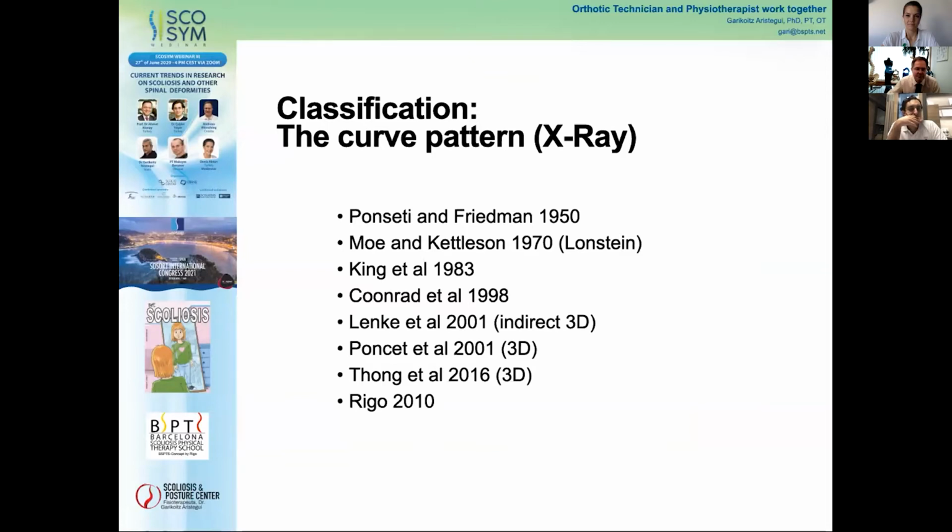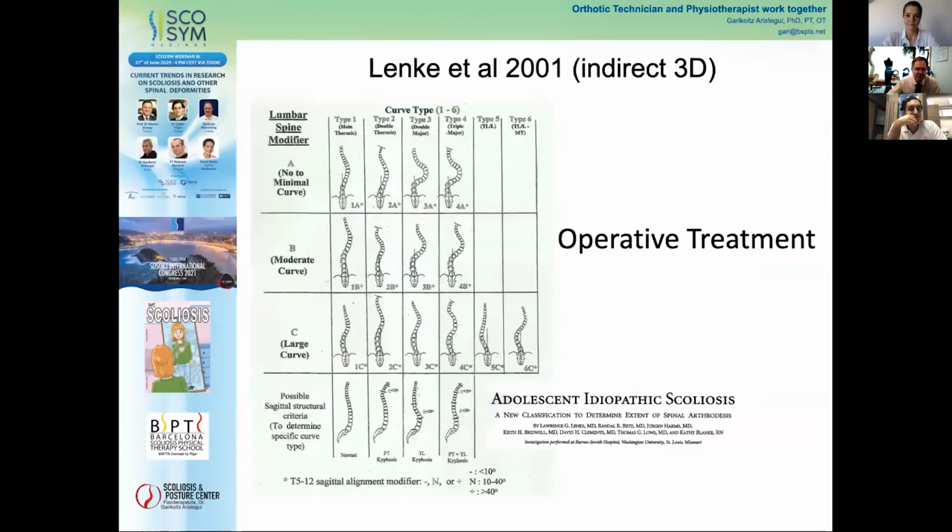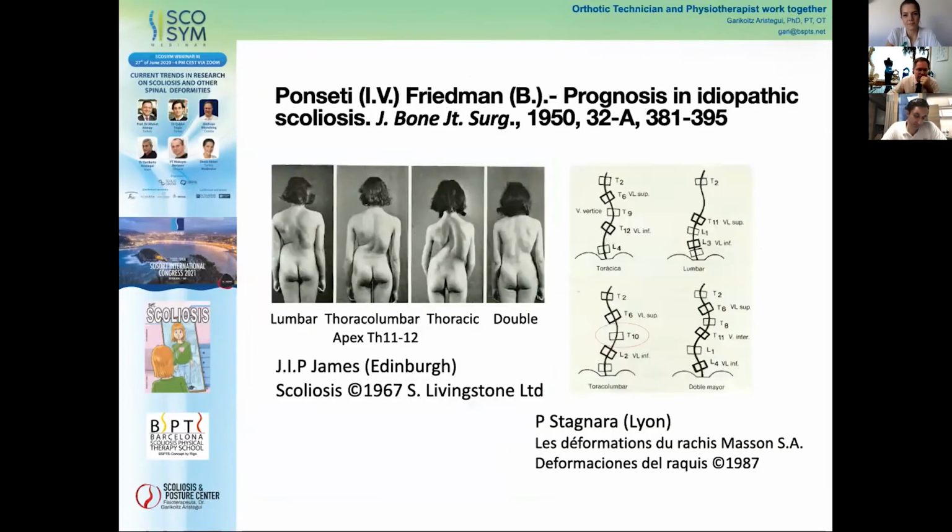For example, if we assess the Lenke classification, in my opinion, this classification is palliative treatment. We can see only the spine. Also, we can see a little bit of the pelvis, but we don't know what is the relation between pelvis and spine. We don't know what is the relation between the spine and legs. And also, we have the same situation with the Ponseti and Friedman classification.